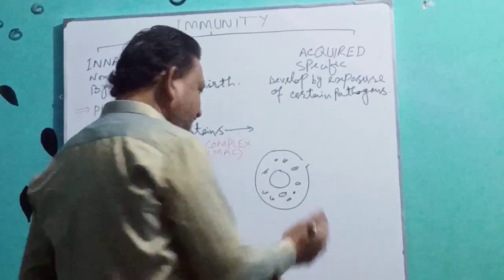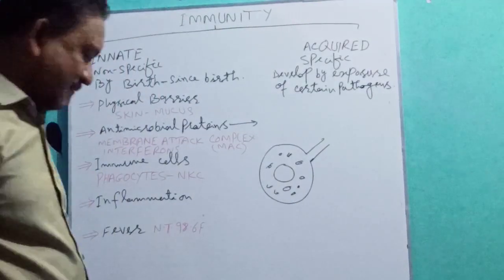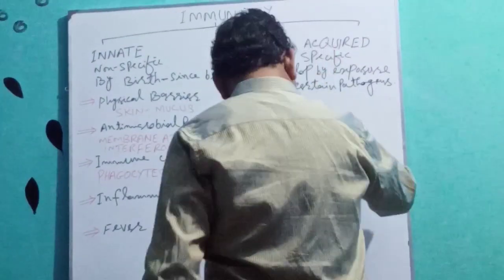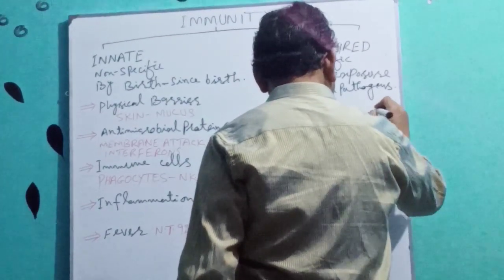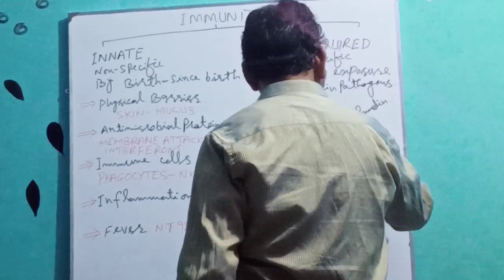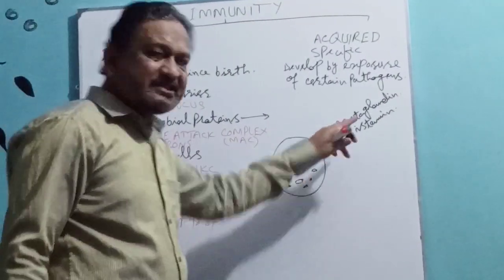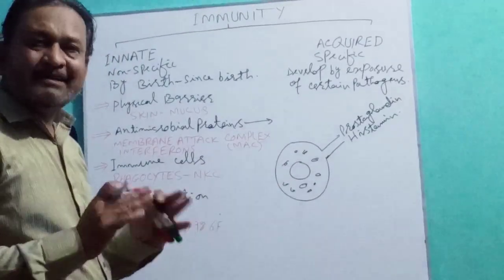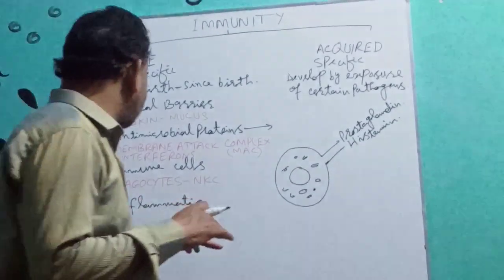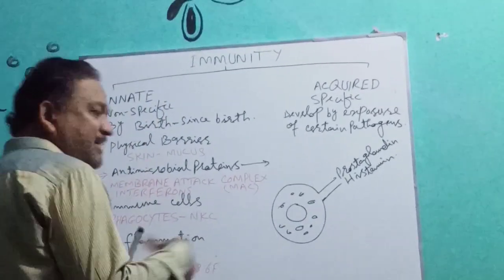The ruptured cell membrane releases two types of mediators. The one is the prostaglandin, and the second one is the histamine. The histamine and prostaglandin are released from the ruptured or injured cell.